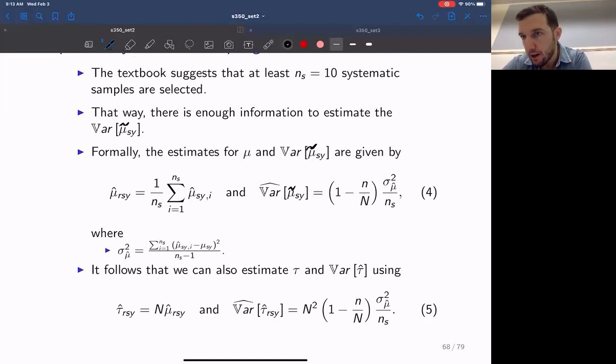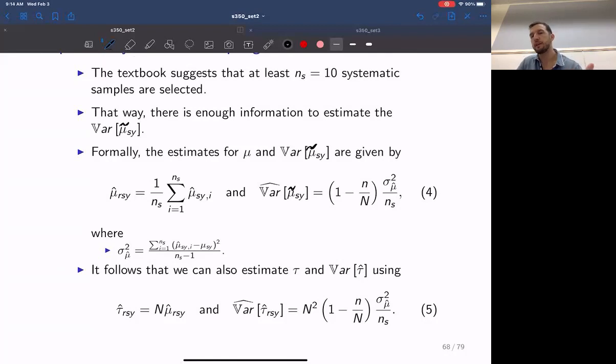The estimate for the variance of mu_SY, or mu_RSY in this case, is equal to 1 minus little n over capital N, times sigma squared mu hat over n_s, where sigma squared mu hat is equal to the sum across all repeated systematic samples of each mean minus the grand mean, squared, divided by n_s minus 1. So basically the estimate for our variance term when we use repeated systematic sampling is the between repeated systematic sampling variance estimate from all of the samples.